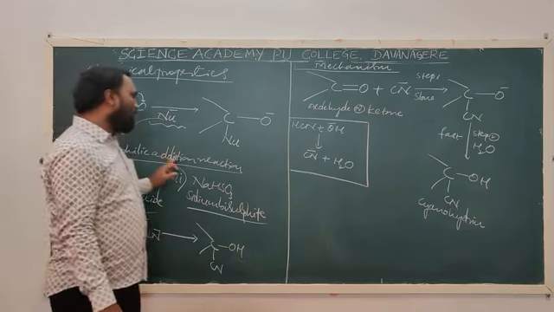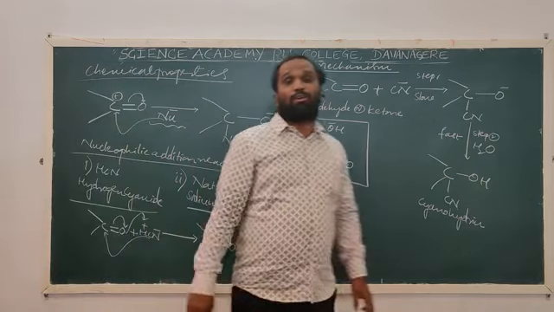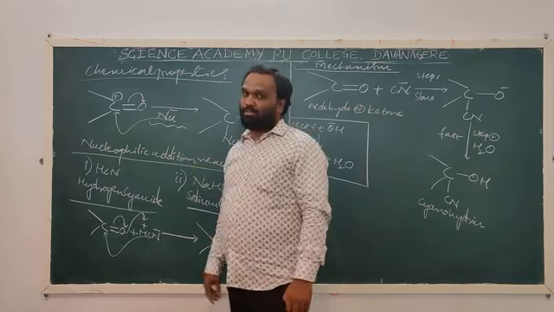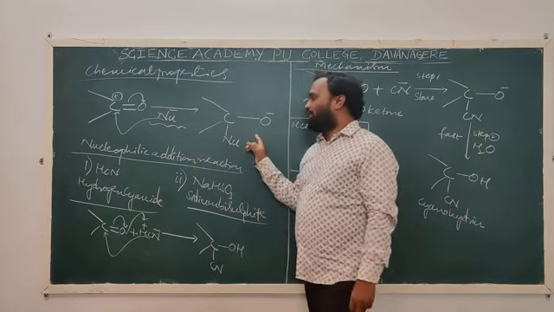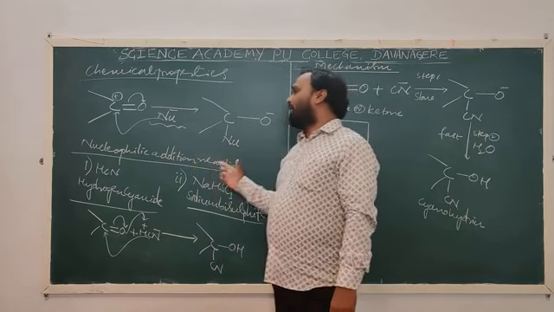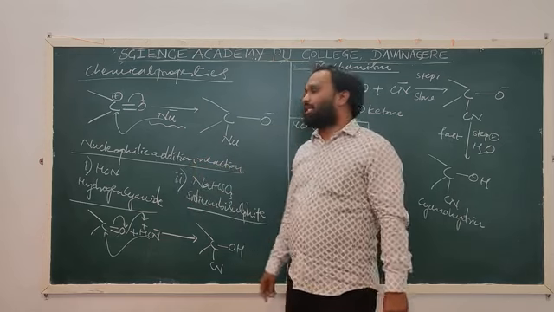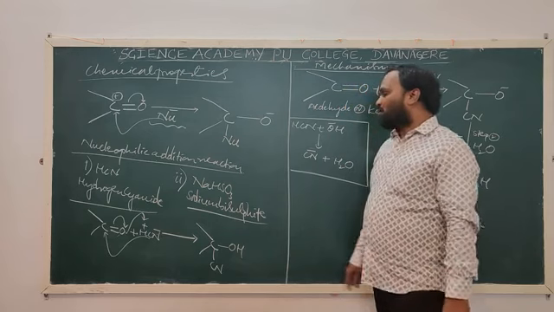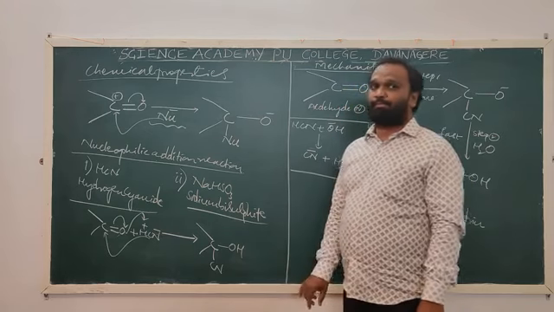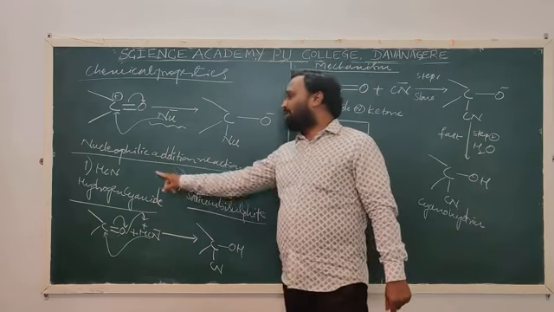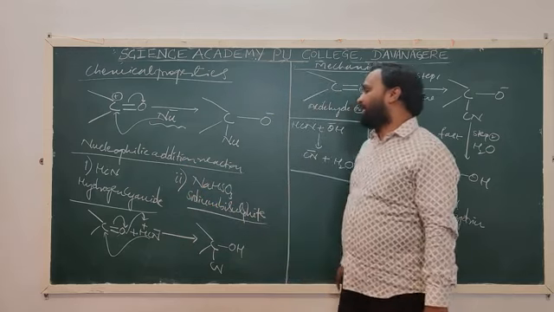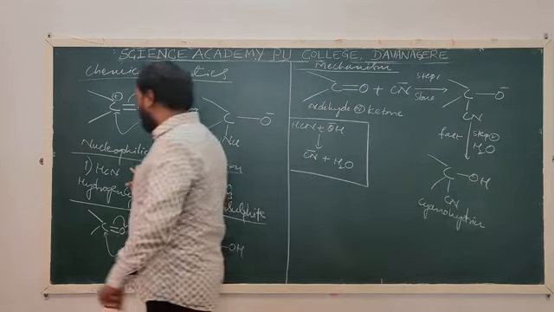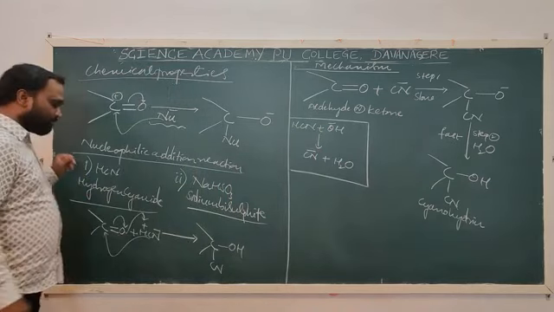They won't ask why they undergo nucleophilic addition reaction. They ask the examples. In this nucleophilic addition reaction, we use two reagents. One is hydrogen cyanide and another one is sodium bisulfite. Now let us take the first one, hydrogen cyanide, HCN.